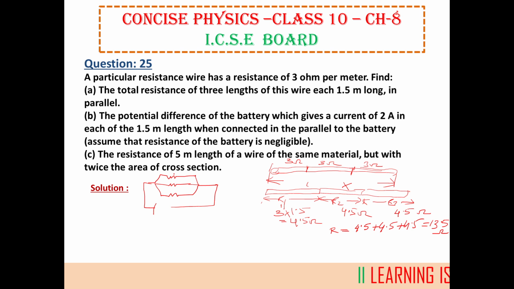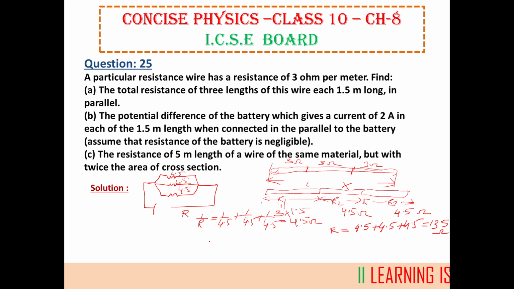So here R1 is 4.5, R2 is 4.5, R3 is 4.5. So in case of a parallel circuit, if the equivalent resistance is R, we can write 1 by R equal to 1 by 4.5 plus 1 by 4.5 plus 1 by 4.5.